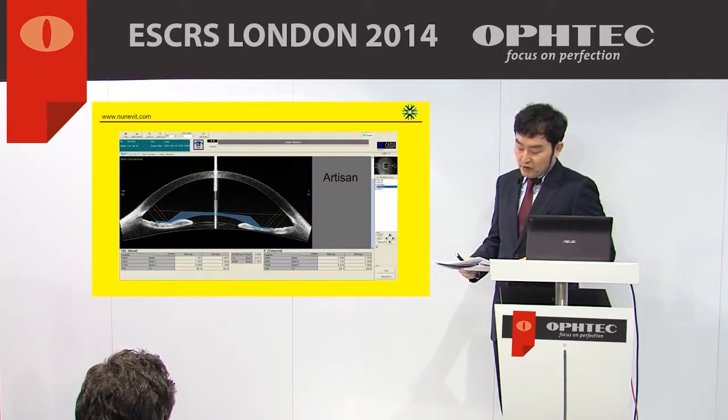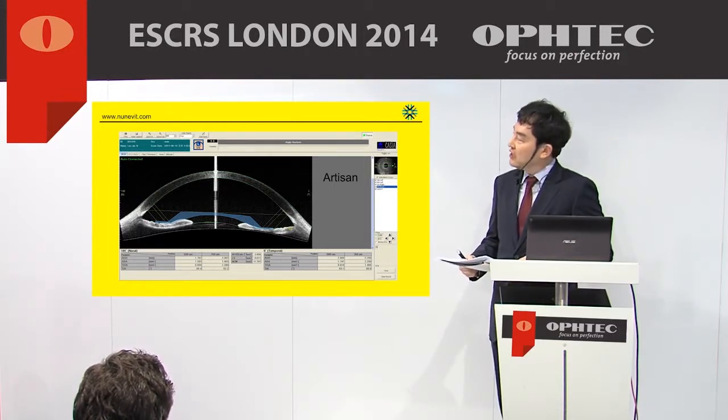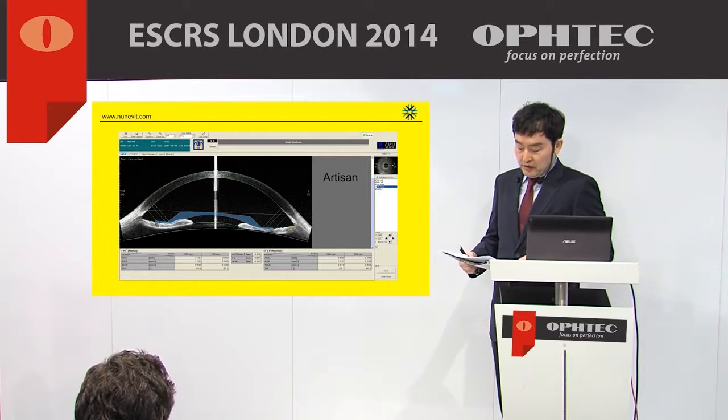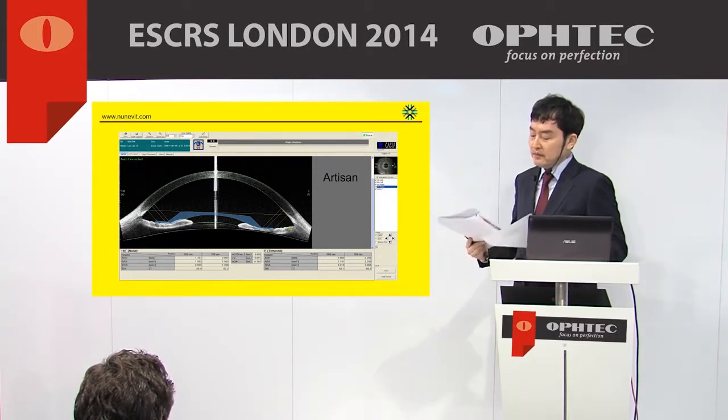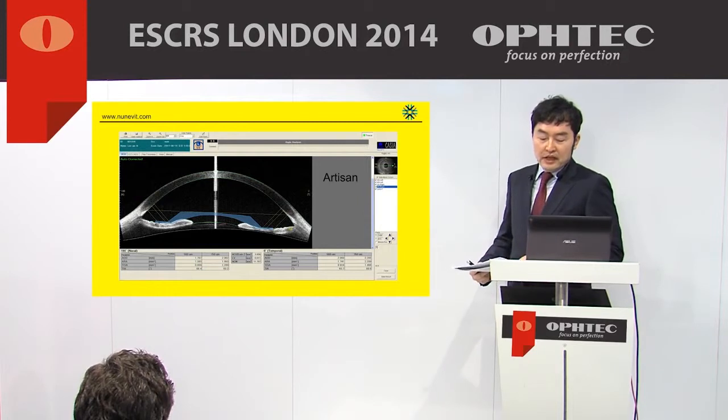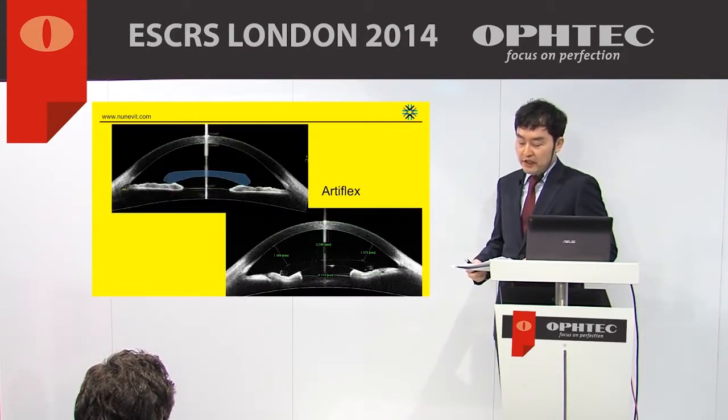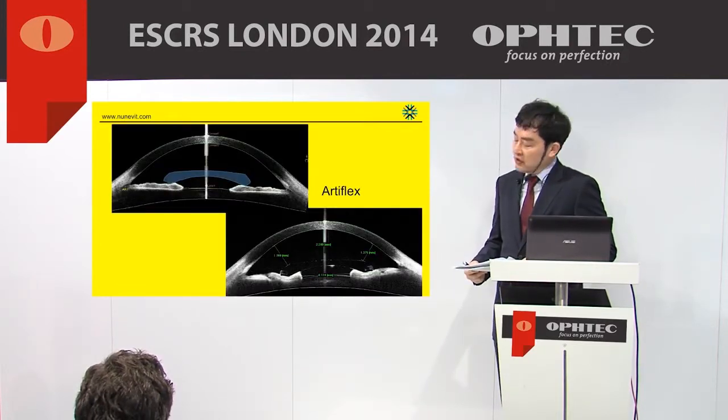The third option could be Cassia OCT. Cassia OCT shows real tomography. So, simulation of the post-op result is possible by drawing the Arti-Lens on the image before the surgery. Let me explain in more detail. Before surgery, you get the real image of the anterior chamber angle from Cassia OCT.